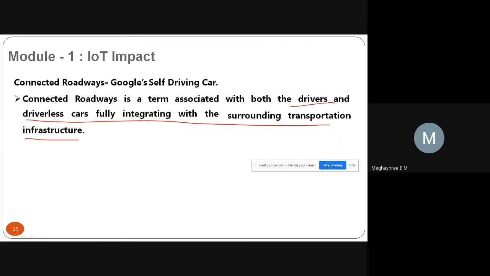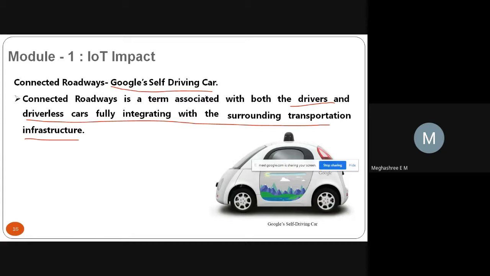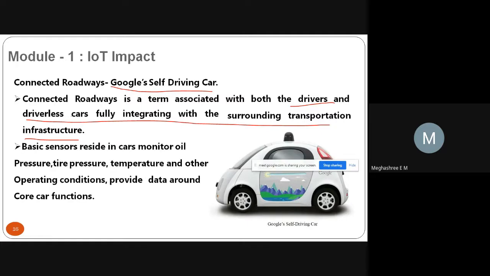Okay, so let's consider one example, that is Google's self-driving car. This is a Google self-driving car, in which a driver is not required. It drives by itself, based on the data that it gets from the transport infrastructure wherever it travels.